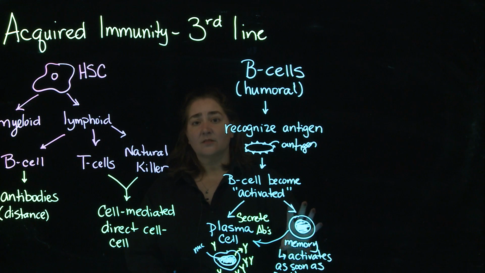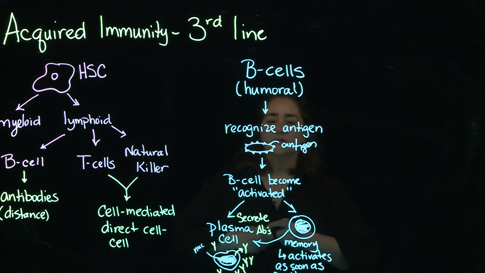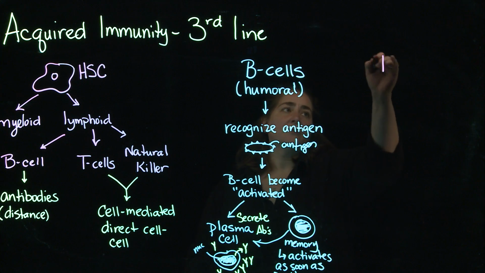This is the specificity and the increase that you get associated with acquired immunity. So we've got our B cells and how they work.